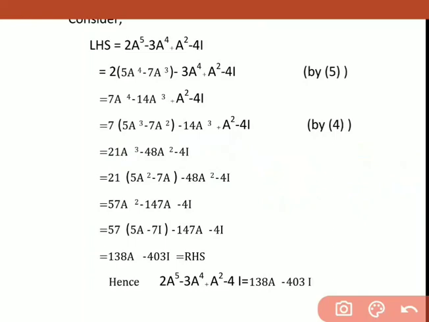Now again you have to substitute the value of a^3 from the previous equation, that is equation 3. So we have 21 into bracket a^3, which is 5a^2 − 7a, then −48a^2 − 4i as it is.